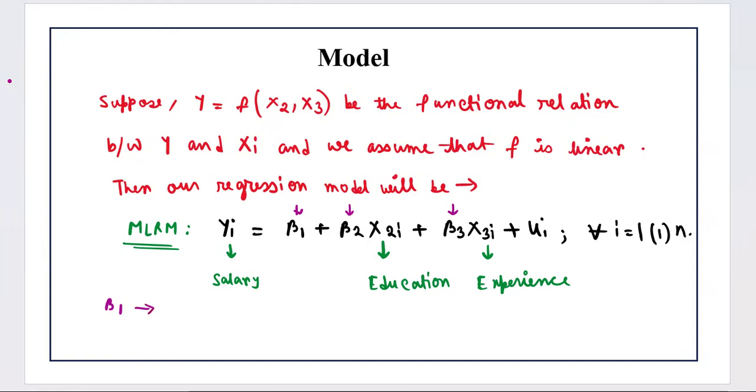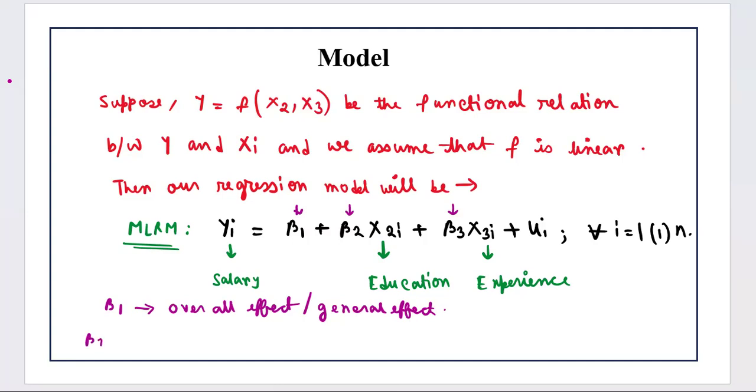This beta 1 is known as the overall effect, or also known as the general effect. If you go by this example, this will be the overall effect, or the general effect, on salary if you go by this particular model.